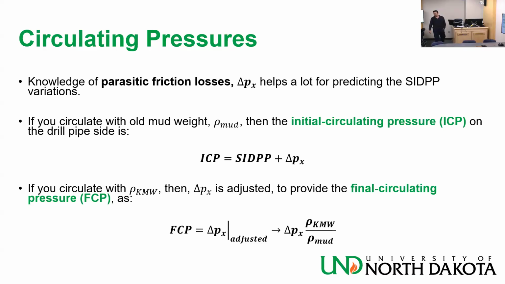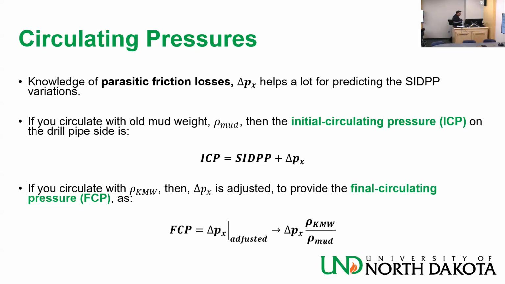This is not an accurate, exact estimation, but it's good enough. It's an approximation that we are doing. Say your kill mud weight is 12, your raw mud is 10, and you multiply by basically 1.2. This is just an approximation to make your life more predictable.